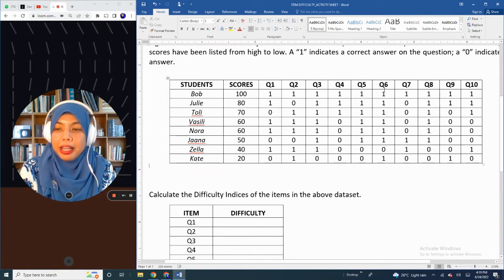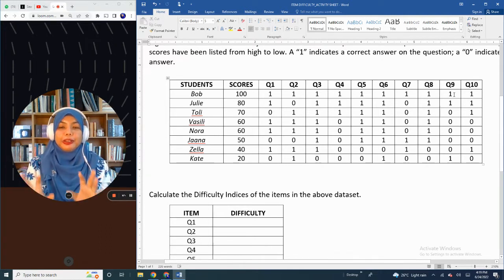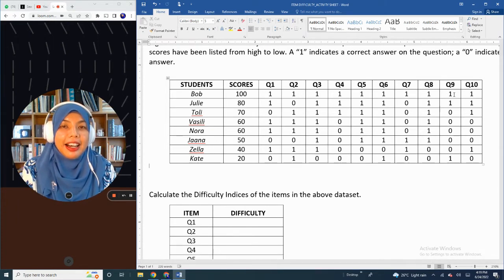So this is the manner in which you will be coding the students' responses: 1 for getting the answer correctly, and 0 for getting the answer incorrectly for that particular item. Now that we have done this, we can proceed with calculating item difficulty indices.